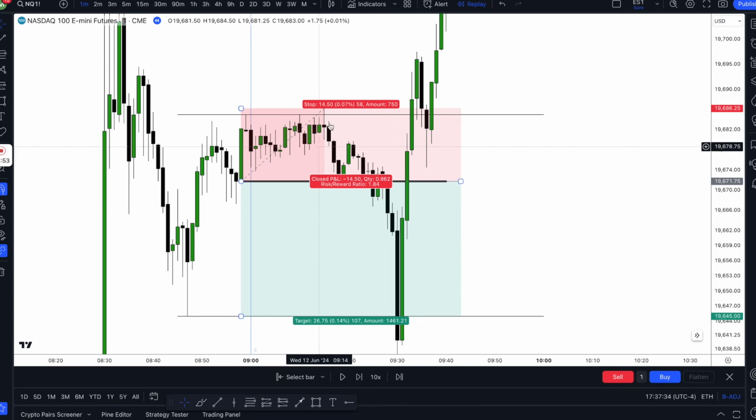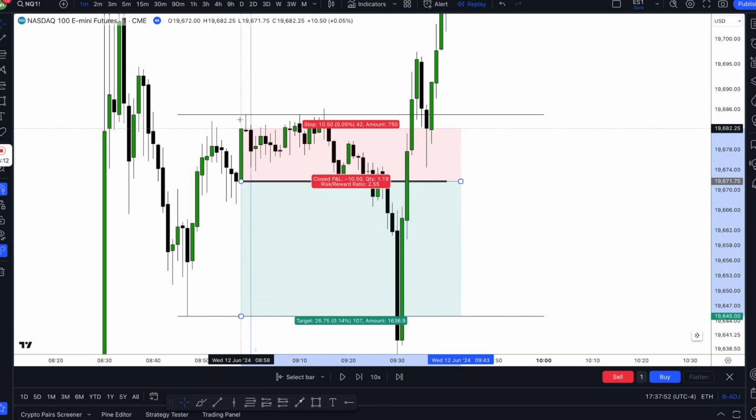As you can see, if we put our stop loss at the swing high, the risk to reward is 1.84, which is terrible, garbage, in my opinion. I would personally put my stop loss at the high of this order block. That brings it to 2.55, which is not horrible, but it's not the best either.